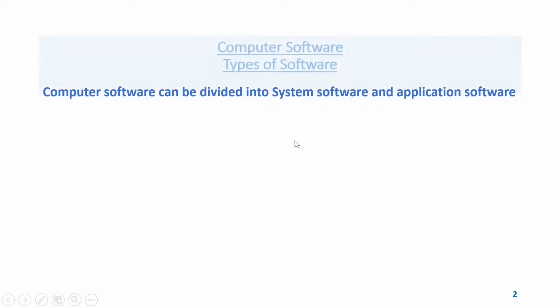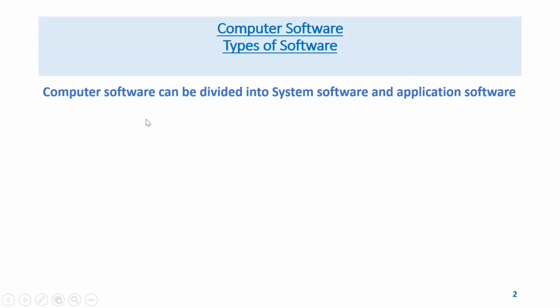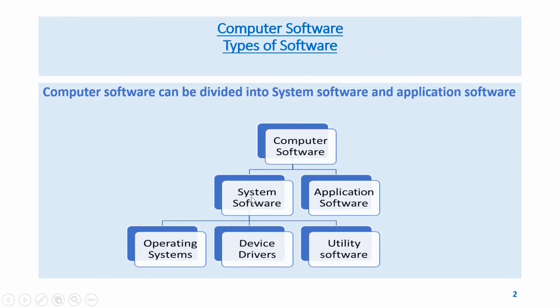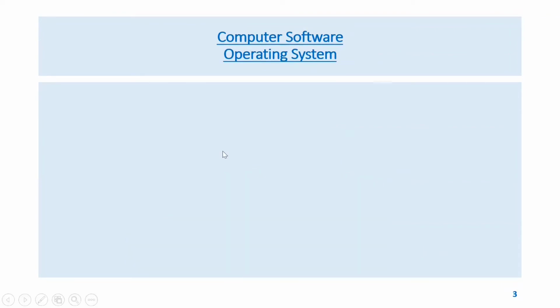Types of software. Computer software can be divided into system software and application software. And system software is again subdivided into operating systems, device drivers, and utility software. We'll look into each of these coming sections. Operating system.